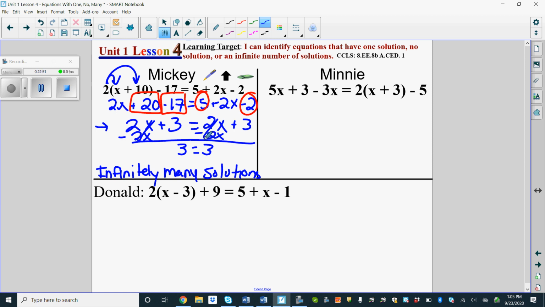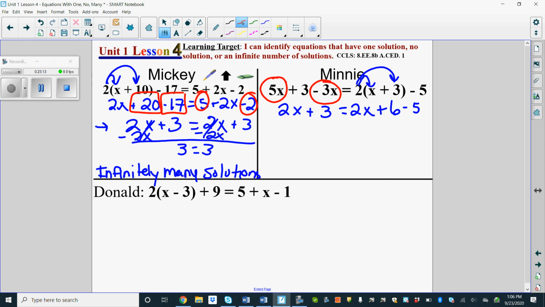Okay, now we're on to Minnie. On the left side, we have to combine the 5x and the negative 3x, which gives us 2x, and bring down the plus 3 equals. On the right side, we have to distribute: 2 times x is 2x, 2 times 3 is plus 6 minus 5.